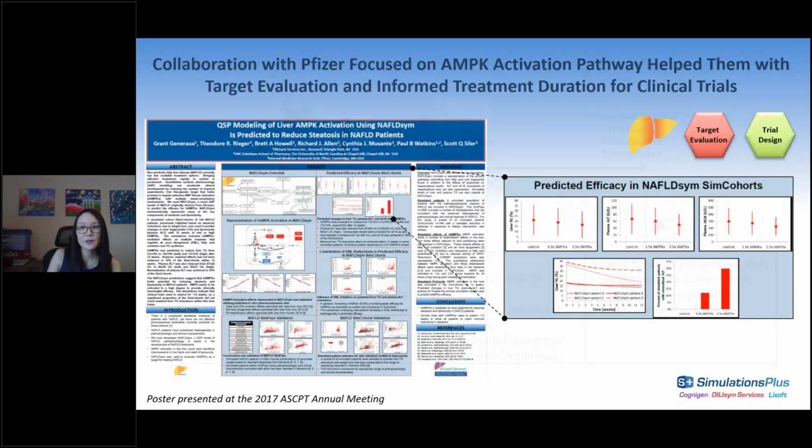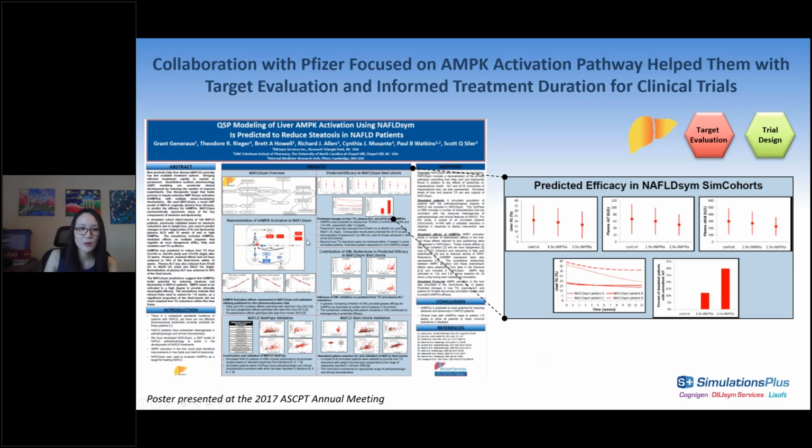In our first example, a collaboration with Pfizer, we used DILIsym, a QSP modeling platform representing NAFLD-NASH pathophysiology and therapeutic target and efficacy. In this project, the QSP modeling was applied to evaluate the AMPK activation pathway as a potential target for NASH treatment.